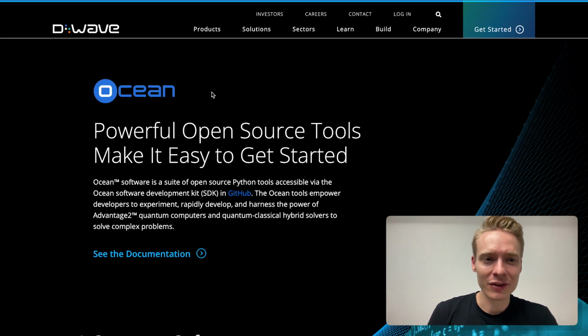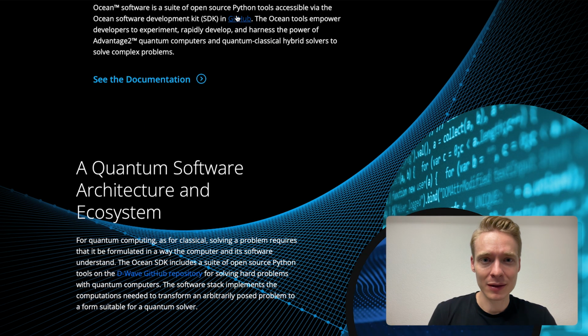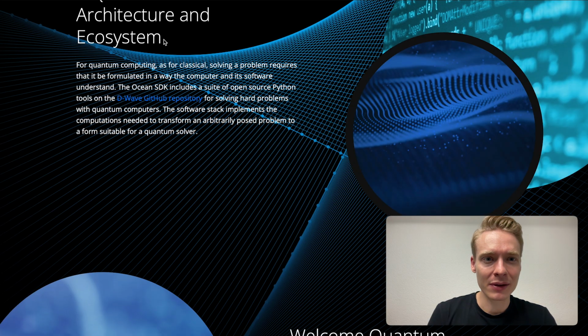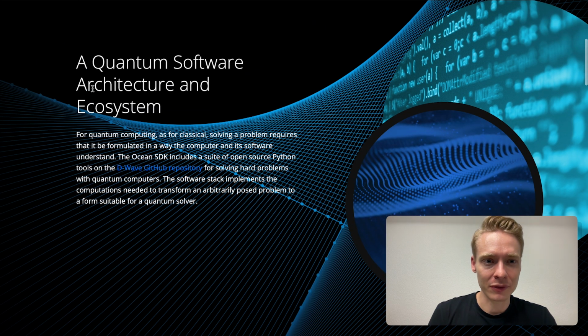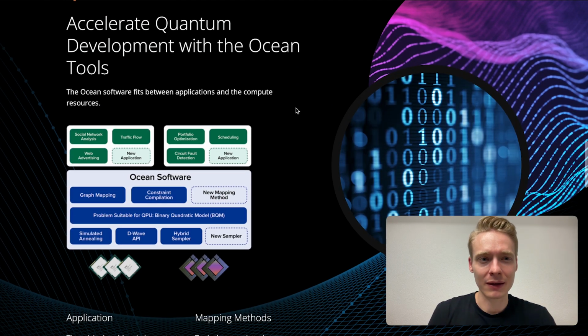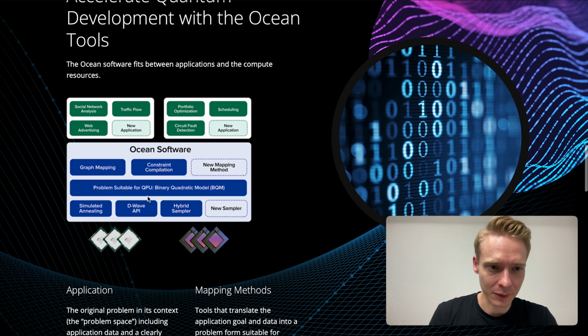And finally, there's something about the Ocean toolkit here, which we learned is on their GitHub repository. It's open source and very openly accessible. So there's a quantum software architecture and ecosystem. Welcome to Quantum Pioneer. Okay, and then we see, I guess, the software stack. So we see that there are different layers here. You see the simulated annealing, the D-Wave API, hybrid sampler at the lowest level.